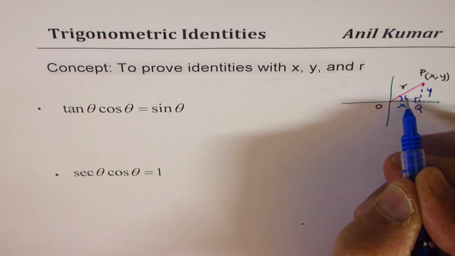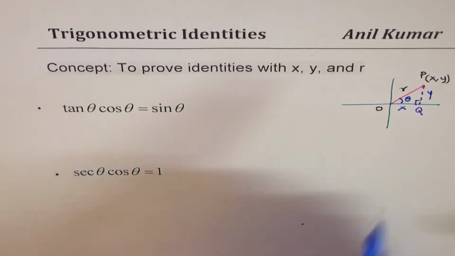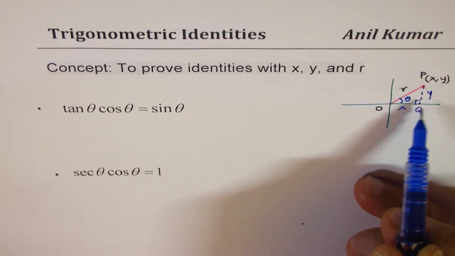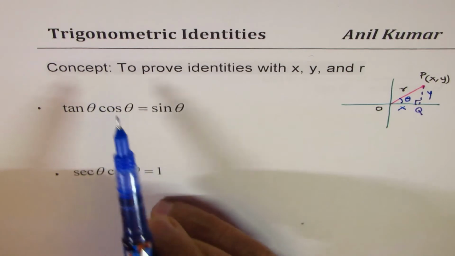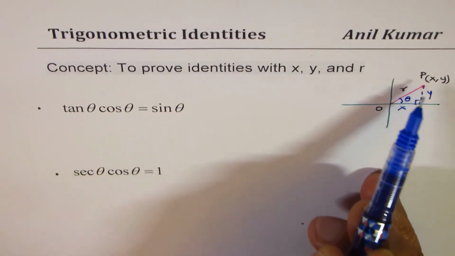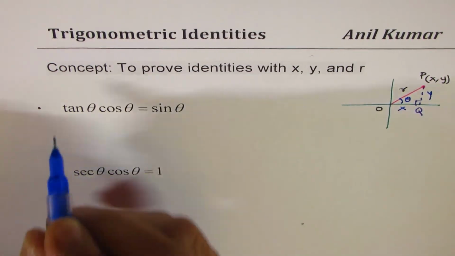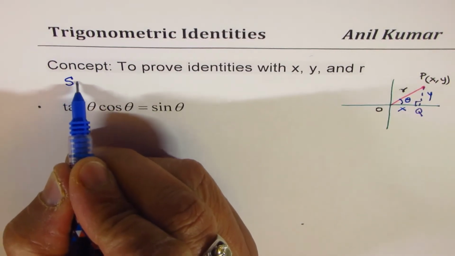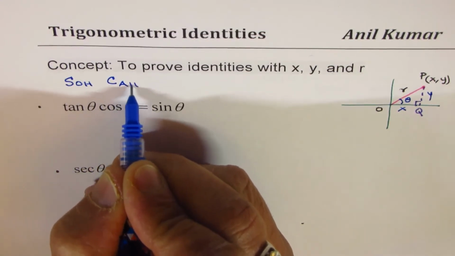If this angle is theta, then we can write all these trigonometric ratios in terms of x, y, and r. So I hope now you understand what the question is. It says to prove identities with x, y, and r. Now, let's also write down what sine, cosine, and tan are. Sine is opposite over hypotenuse. Cos is adjacent over hypotenuse.